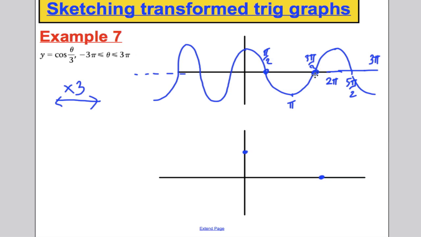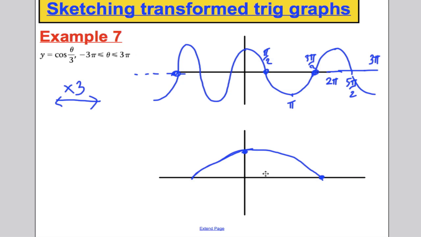Where you crossed at 3 pi by 2, you're going to cross at 9 pi by 2, which is outside the range. What is still in the range? So this here looks something like this, and this here looks something like this.